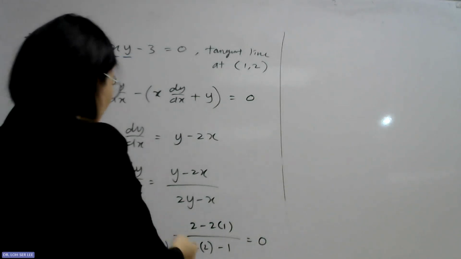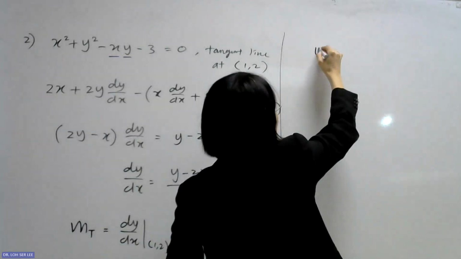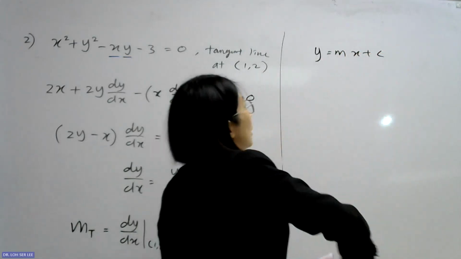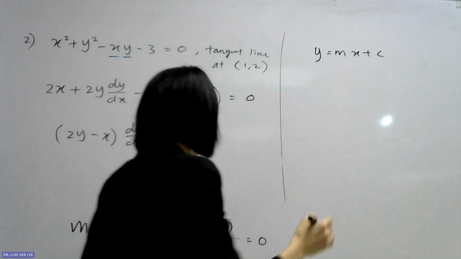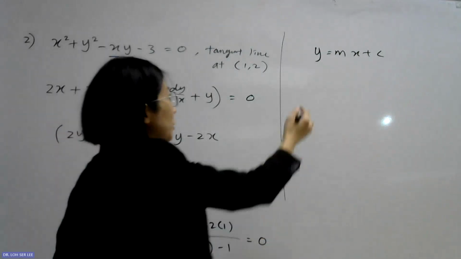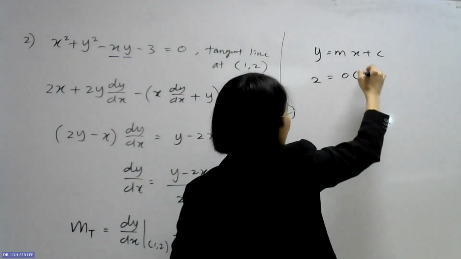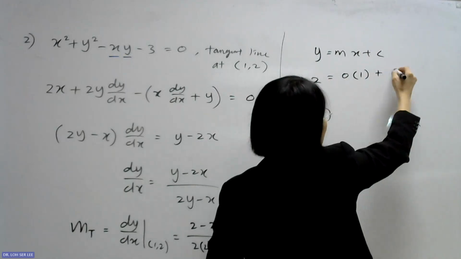Okay, so still we are using y equals mx plus c. We want to substitute this point 1, 2: y is 2, m is 0, x is 1 plus c.